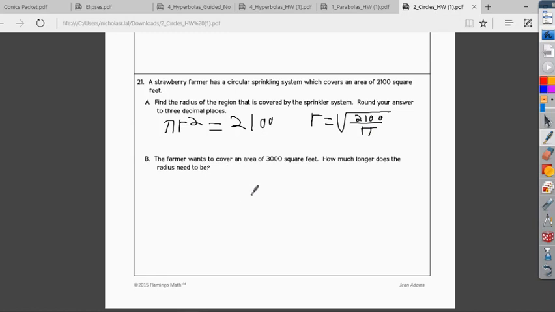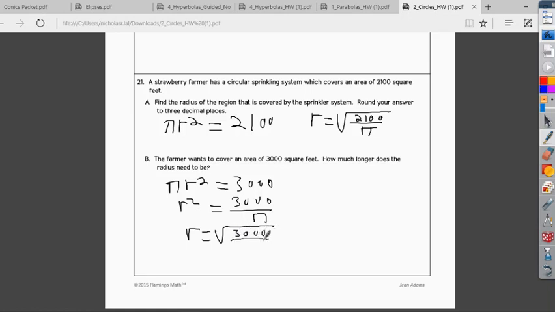The farmer wants to cover an area of 3,000 square feet. How much longer does the radius need to be? So in this case, you need to say that, remember, pi r squared has to equal 3,000. So r squared has to equal 3,000 over pi, which means that r has to be equal to the square root of 3,000 over pi.